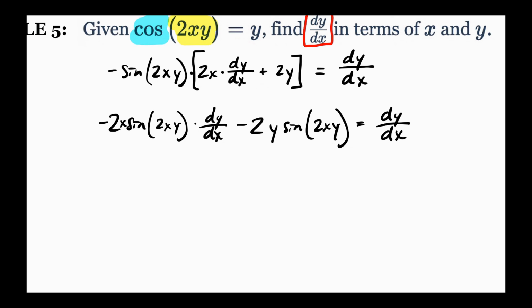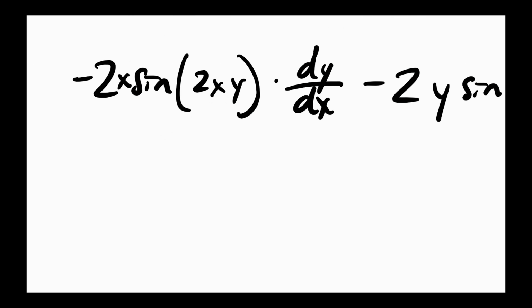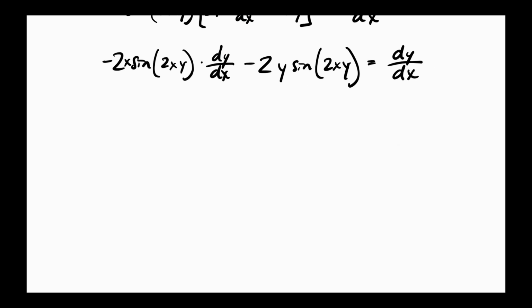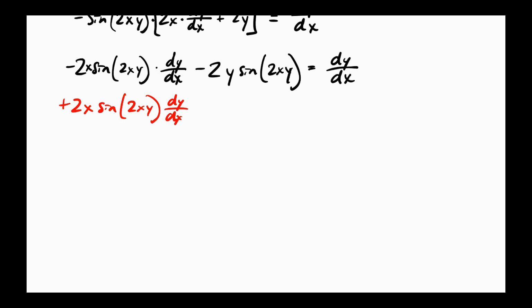Add the 2y, the -2y you're saying? This whole first term here, add it to the other side? I could do that, yeah. Since it's negative, yep, I'm definitely going to add it. Sine of 2xy dy over dx, moving it over here.